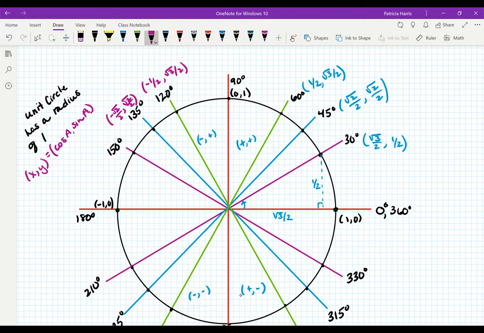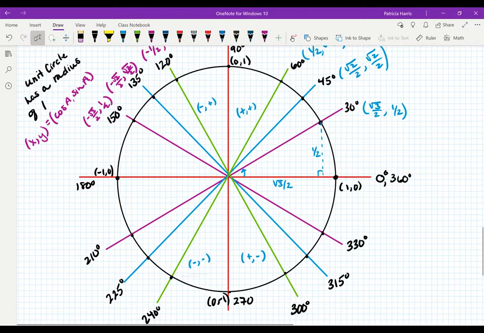What you can do to make your life a little bit easier is go to Google Images, search unit circle, see if you can find one you like, and print it out. I also like color coding my unit circle. Don't drop your negatives.